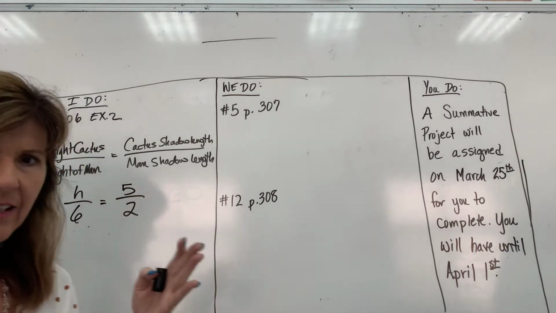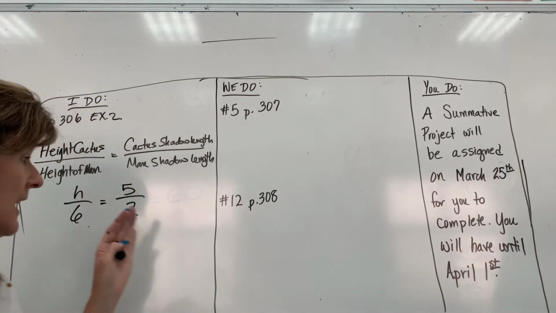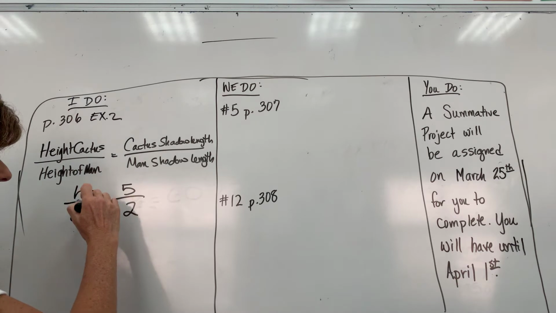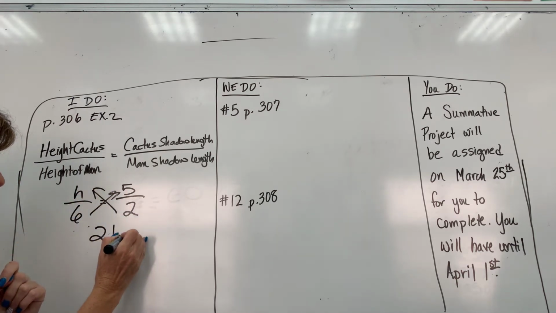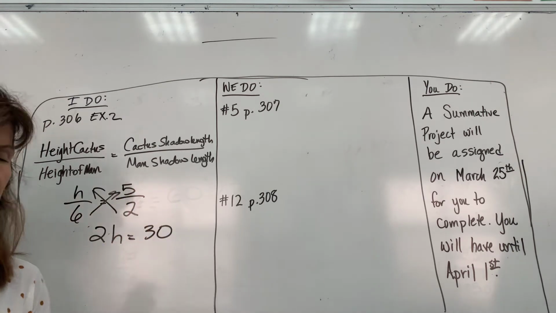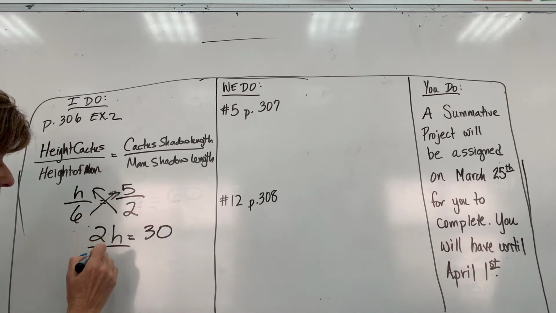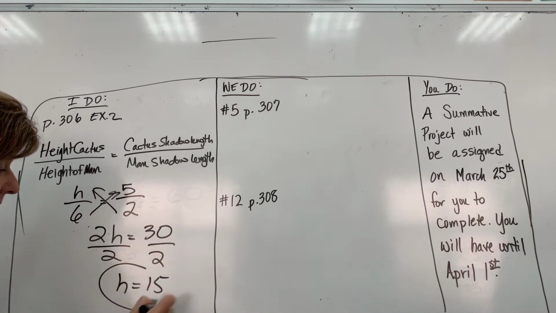As you might remember from the last lesson, if they're proportional, then the cross products are equal. So 2 times h, 2h, equals 6 times 5, which is 30. We can solve 2h equals 30, divide by 2, and h equals 15 feet.